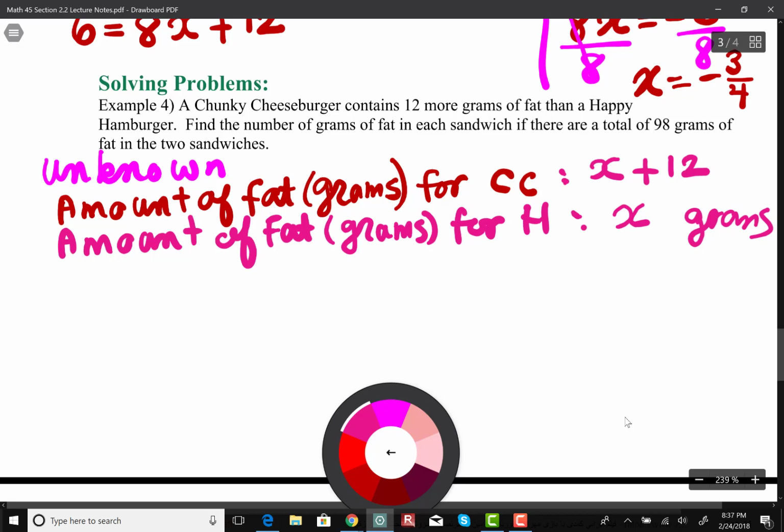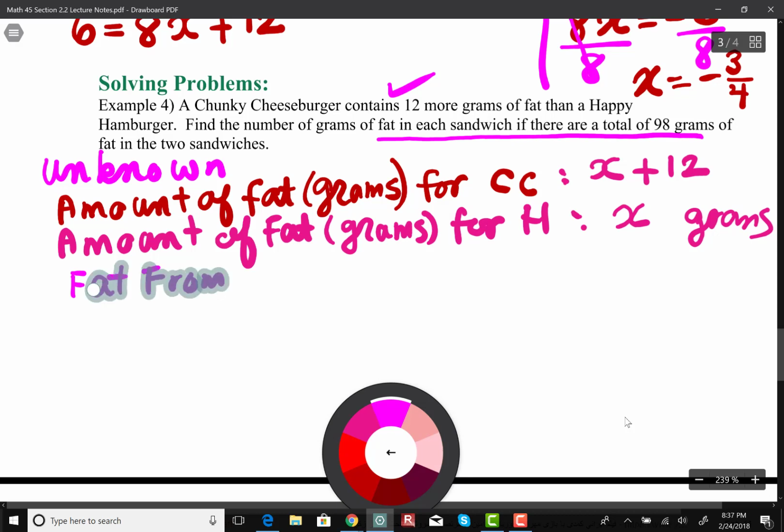One of them was the first one. We used the first one already. We use that for writing our legend. Now, the next equation comes, the next information comes from the next sentence. And that tells us the total fat in both sandwiches is 98 grams. So what that means? That means the fat from, let me use a different color.